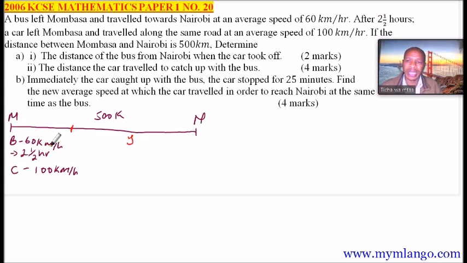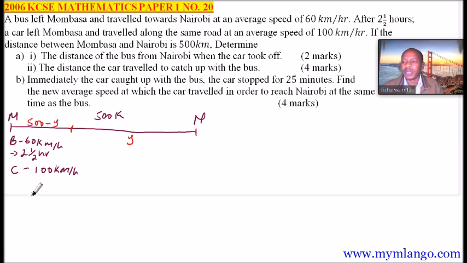We call it y. So the remaining journey here will be, since the total is 500, 500 minus y, the distance that we are looking for. What it means is that we need to find the distance covered by the bus.